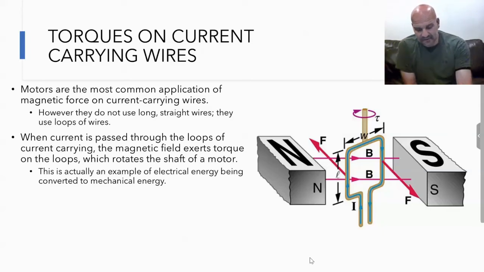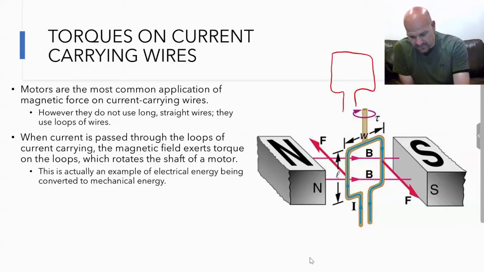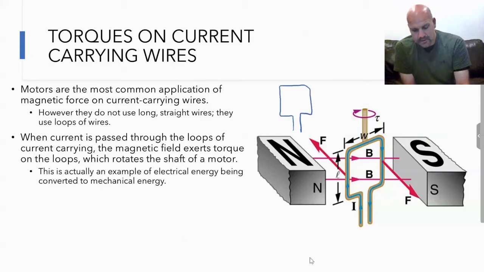If I straighten out my diagram here, my current is going to pass through here, right around my loop. My magnetic field is going to go across my loop.